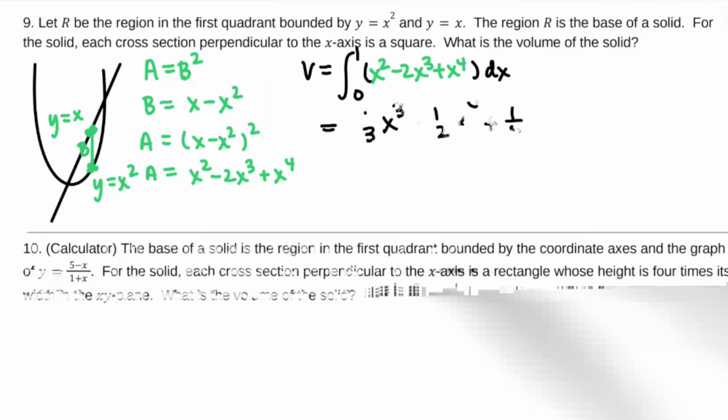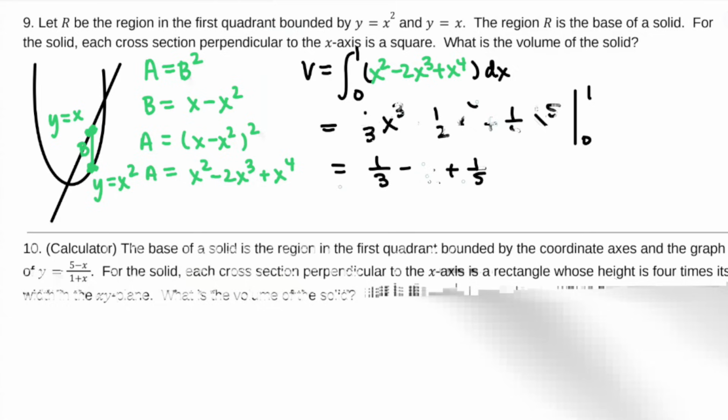Some common denominator work coming. When I plug in 1, I'm going to get 1/3 minus 1/2 plus 1/5. And goodness, it really is going to be 30s.